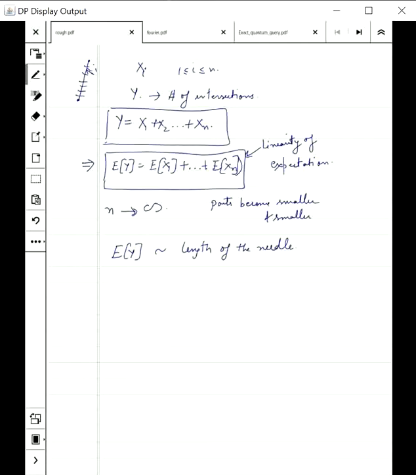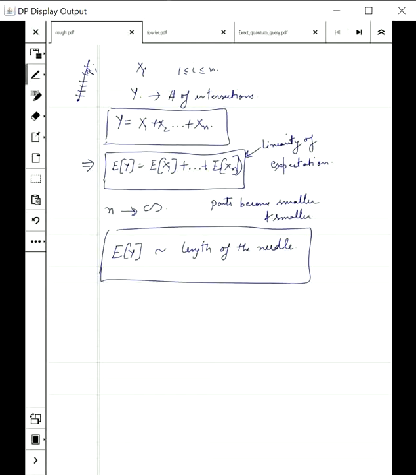Right? So this is the important part. I will once again repeat it. When n tends to infinity, the parts become smaller, so the expectation of y just looks like the total number of parts multiplied by some constant. And the total number of parts depends upon the length. So that will directly give me E of y is proportional to the length of the needle.